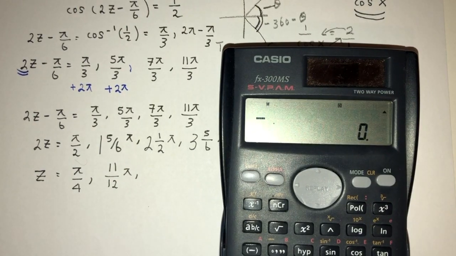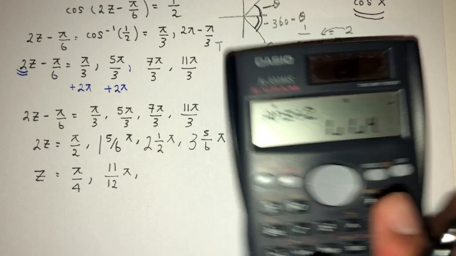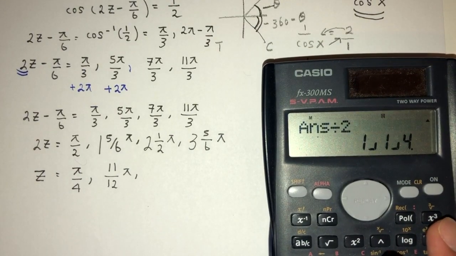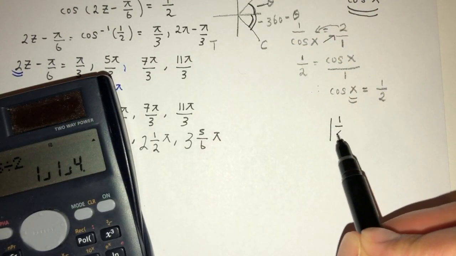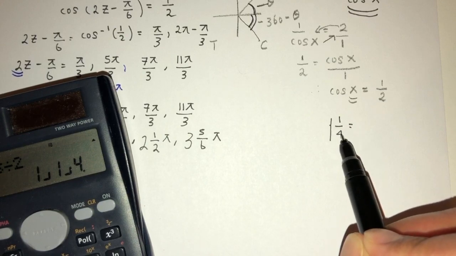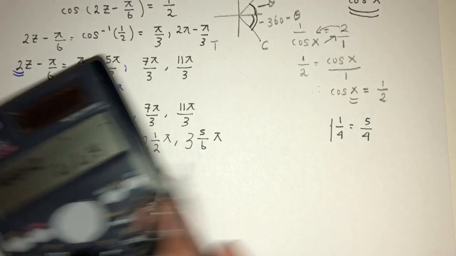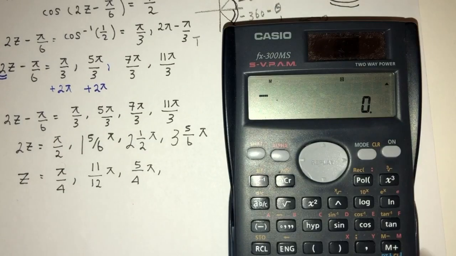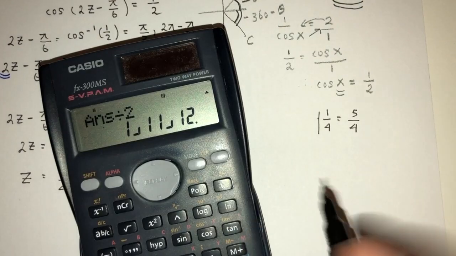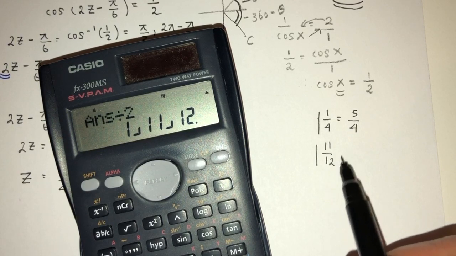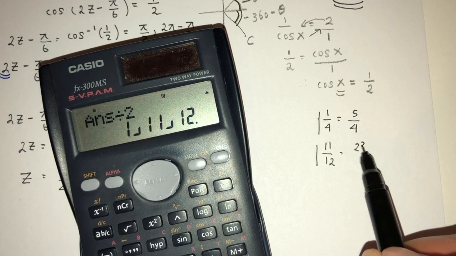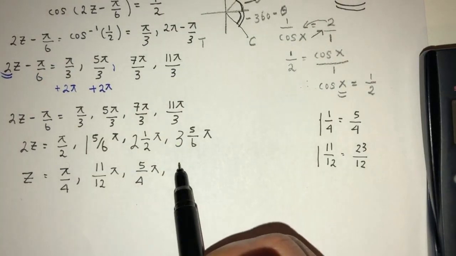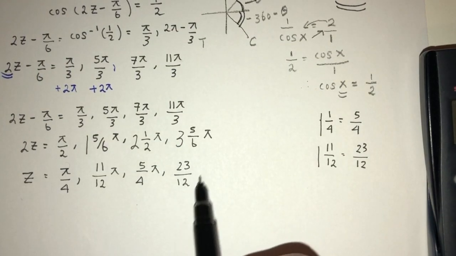This one will be 2 and 1 over 2, which is 2.5, divided by 2, so that will be 1 over 4. You can expand, 1 times 4 is 4 plus 1 is 5 over 4, so that will be 5 over 4 pi. And finally we have 3 and 5 over 6 divided by 2, that will be 1 and 11 over 12, so that will be 23 over 12 pi.